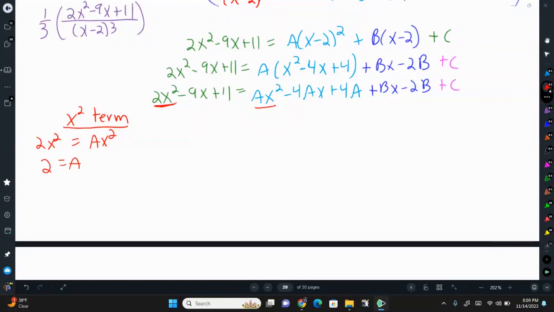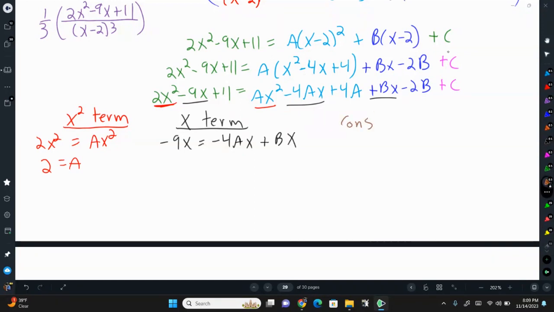All right, now let's go over and look for the x term. So negative 9x is equal to negative 4Ax plus Bx. So yeah, we could solve that right now because we know what A is, but I want to write out our constant term.